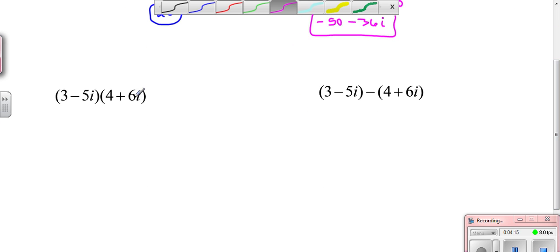So we're going to go ahead and practice another FOIL problem. Notice I have these two set up so that you see the difference between foiling and a subtraction problem. So go ahead and FOIL again.